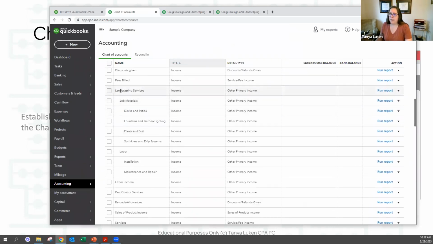The other thing, let's see if I can find. So here, I want you to notice, do you see all of these? So these are those sub accounts that I was talking about, the parent and the child. So landscaping services is the overarching parent. It's the main account. And then underneath it is job materials, because you see it indented slightly there.